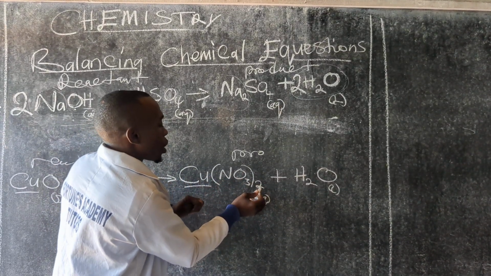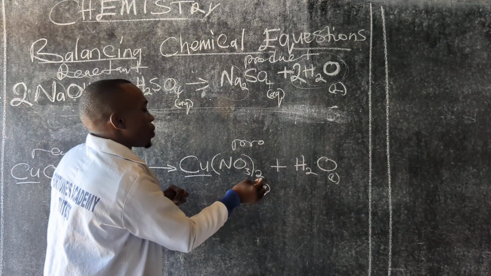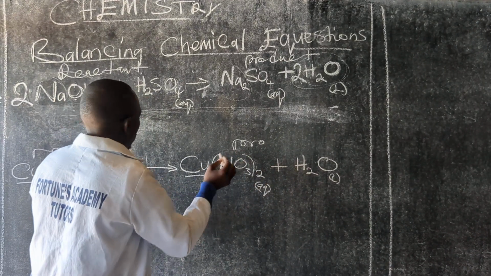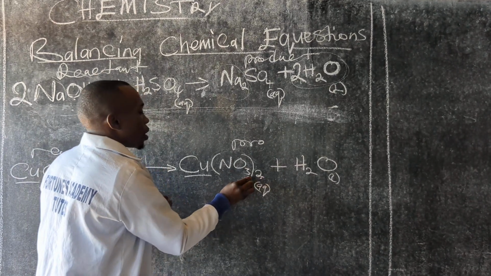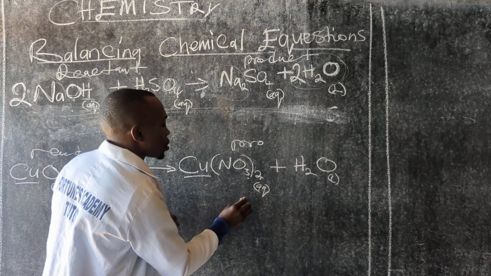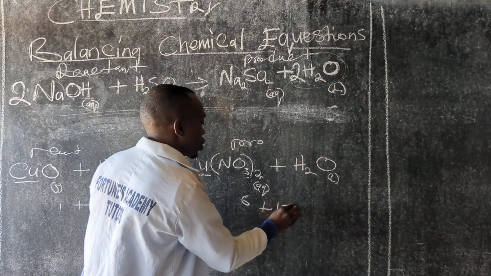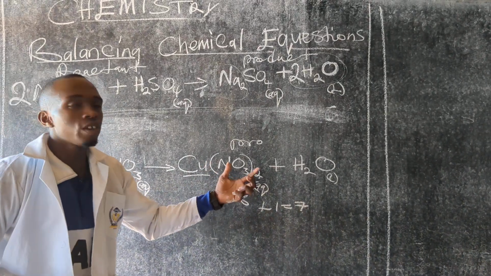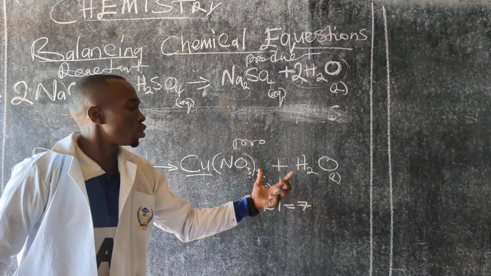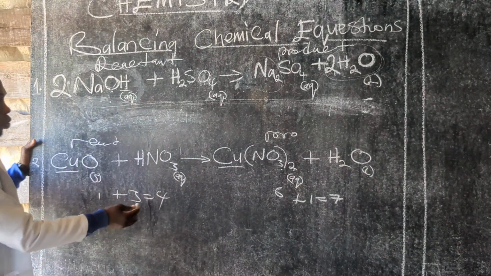This number outside the bracket has affected everything in the bracket, so we are supposed to multiply 2 by this 4, and it will give us 6, plus this oxygen here, which is 1, it will give us 7. Yes, so we are having 7 atoms of oxygen on the product side. Let us compare it to this number of oxygen, which is 4.